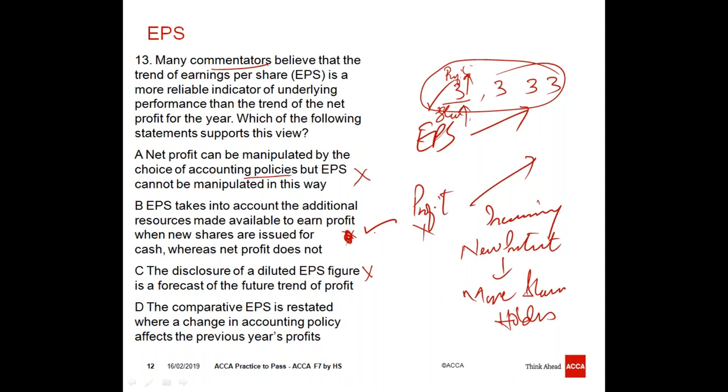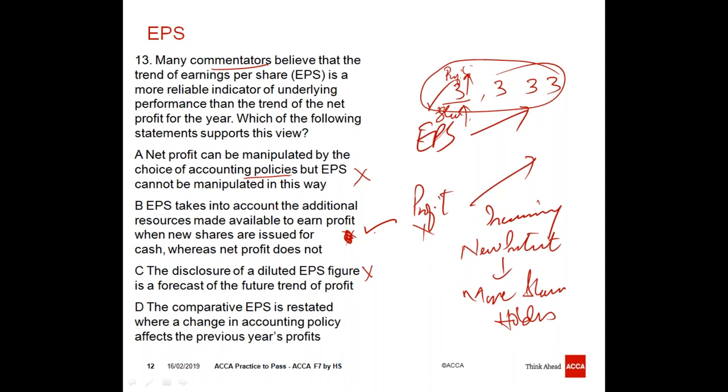Okay. There is a question: why not D? The comparative EPS is restated where a change in accounting policy affects the previous year's profit. Actually, when there is a change in accounting policy as per the requirements of IAS 8, there will be a change in the profits as well, because IAS 8 says that when you change the accounting policy, it should be adjusted retrospectively.